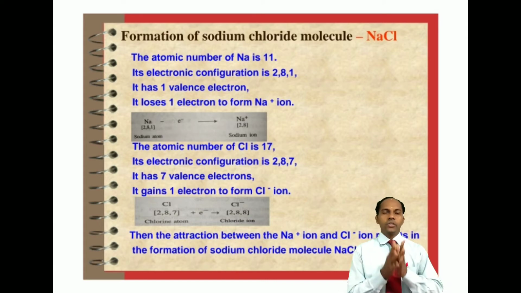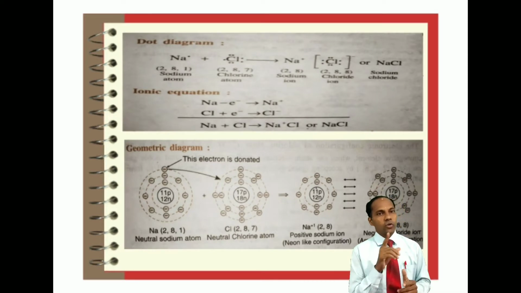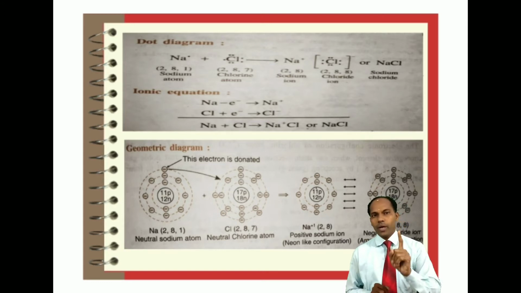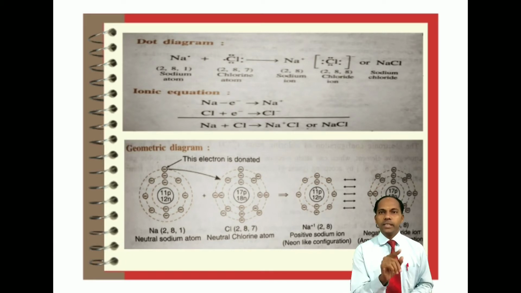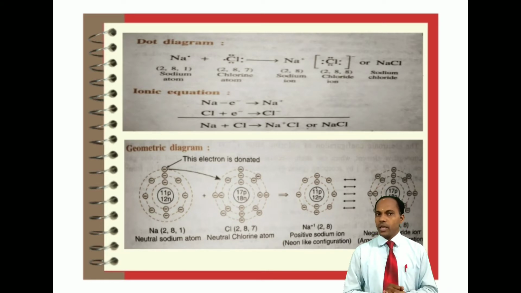You can see the dot diagram and also the geometric diagram. In the electron dot diagram, Na+ and Cl-. Na has 1 electron in its outermost shell. Chlorine has 7 electrons in its outermost shell.